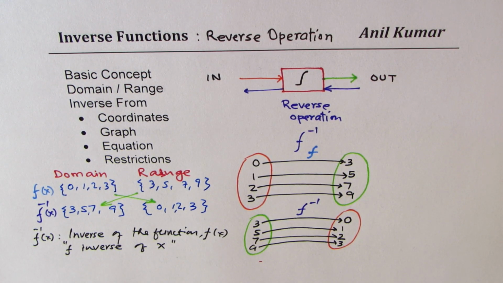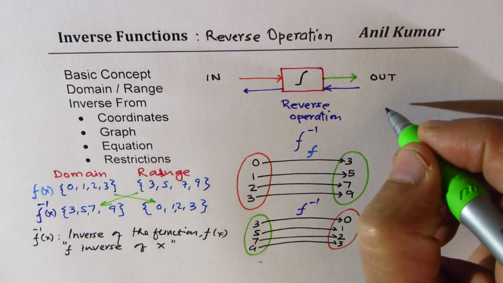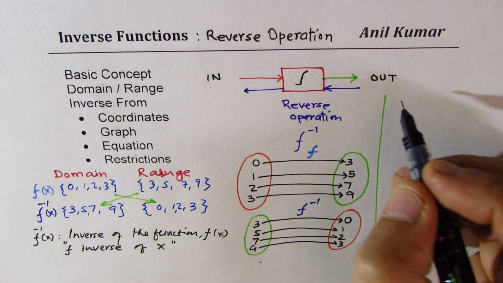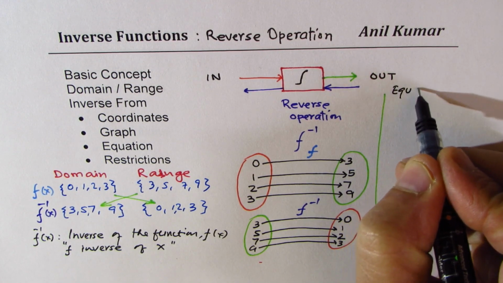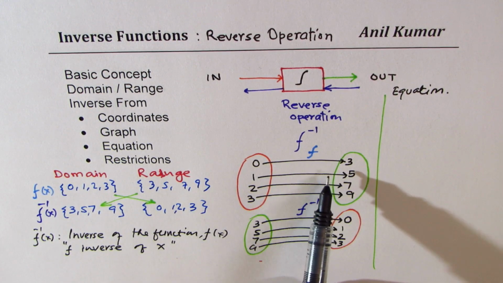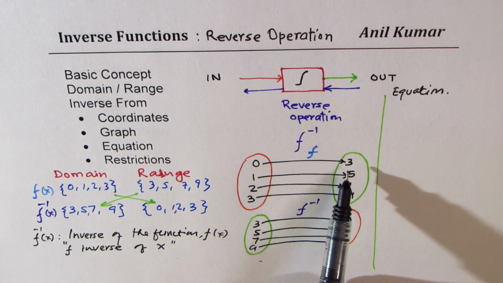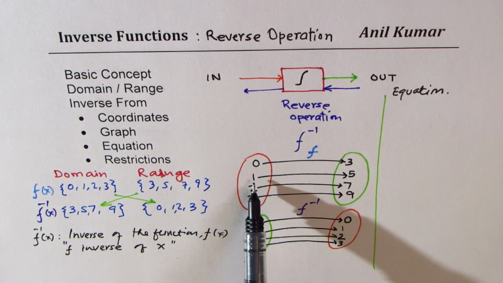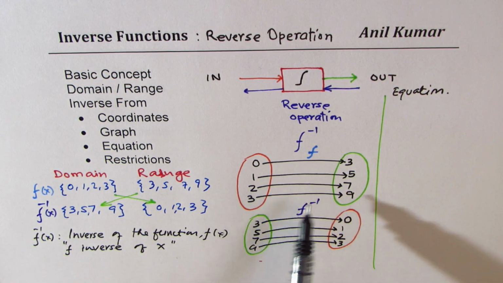Now, we could also see these functions in the form of equations. Let me write an equation for our function. As you can see here, 0 is related with 3, 1 with 5. It is going up by 2 for each step in input.